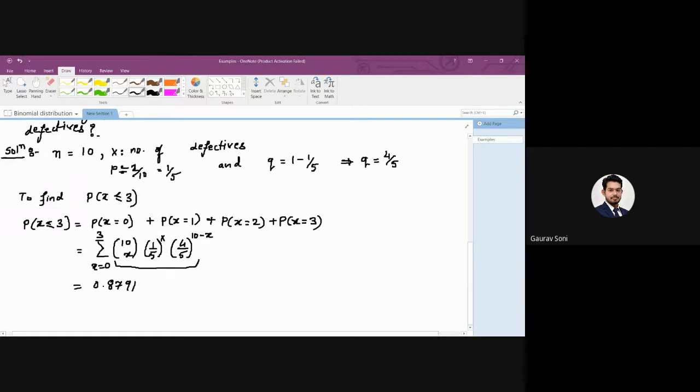Look, you will have to understand your calculators to do this, or else at the time of exam you will face a lot of difficulties.